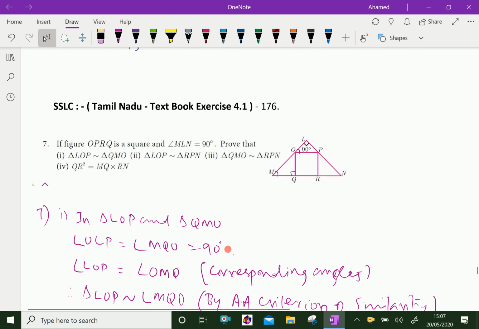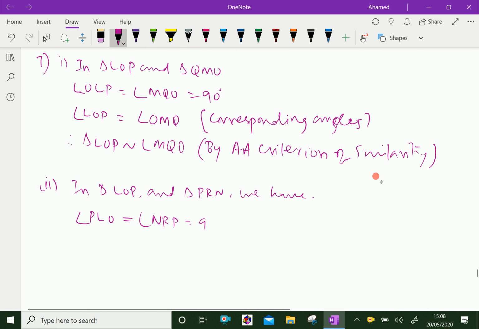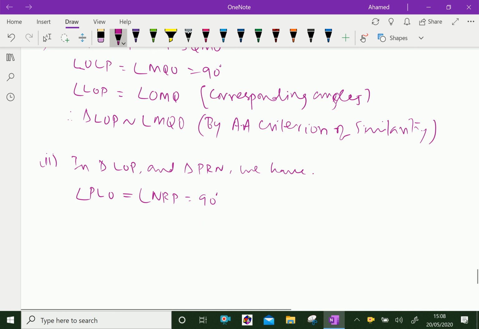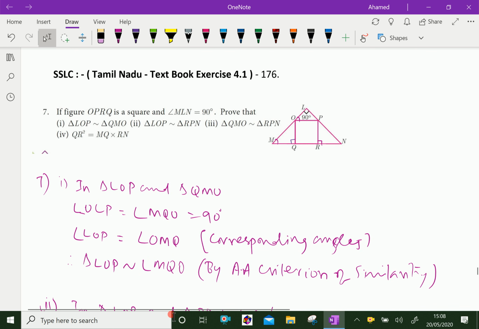Angle PLO is 90 and NRP is equal to 90 degrees, and angle LPO is equal to angle PNR. Both are corresponding angles, which is here LPO and PNR.